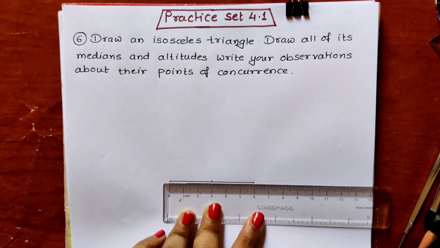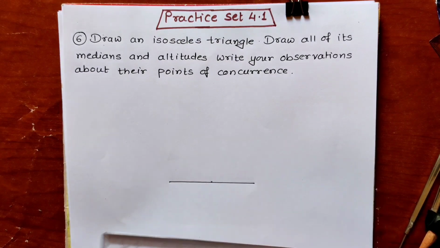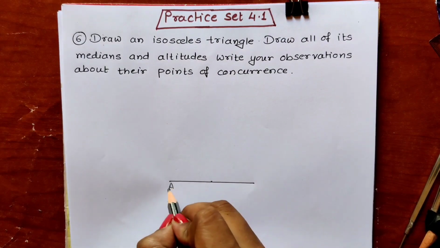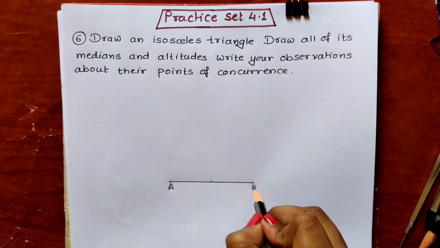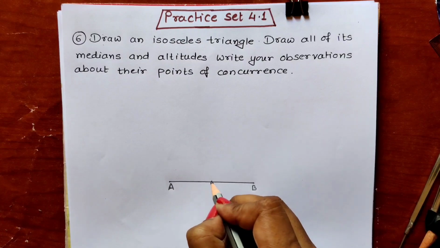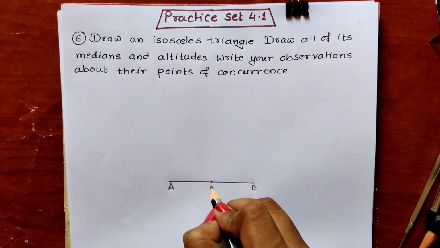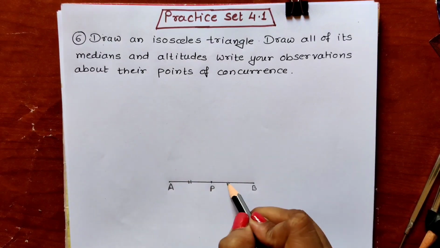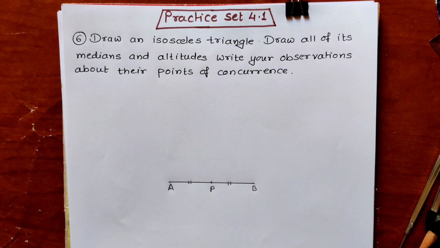Exactly at 3 centimeter I have taken its midpoint. So maybe this is side AB, and its midpoint is point P. So AP and PB are congruent with each other.